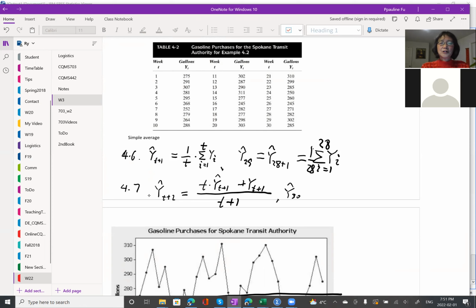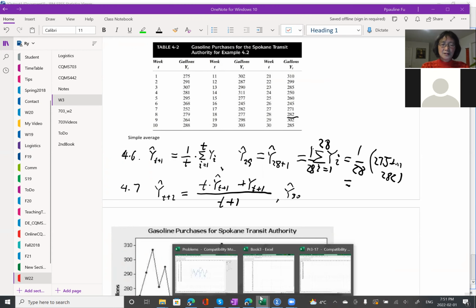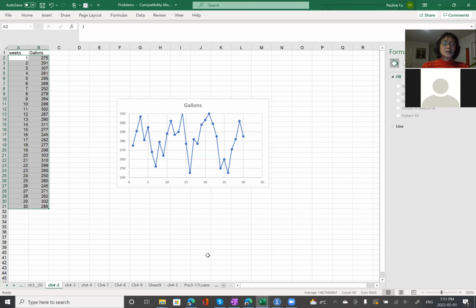Use the first 28 weeks' average to forecast week 29. Week 1 is 275, plus up to the last week, week 28, which is 282. You can use Excel to figure out the average here. I highlight this data and take the average of week 1 to week 28.